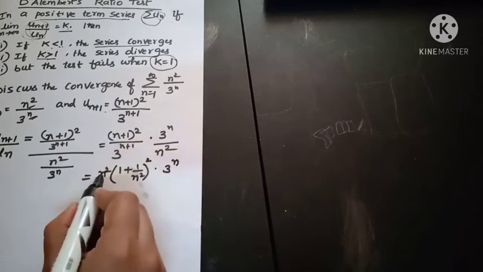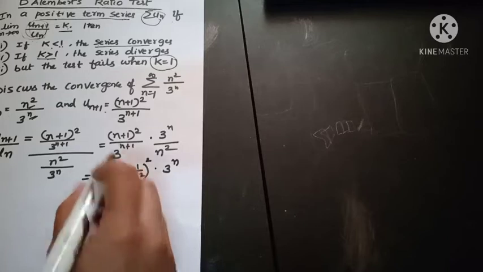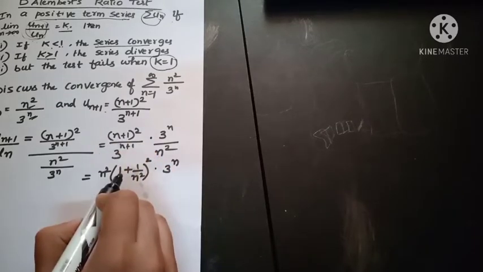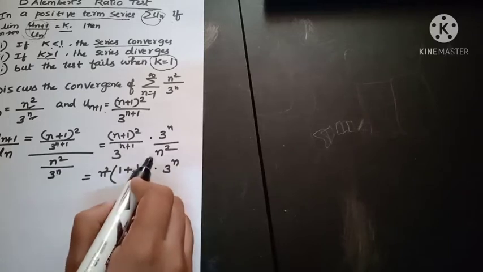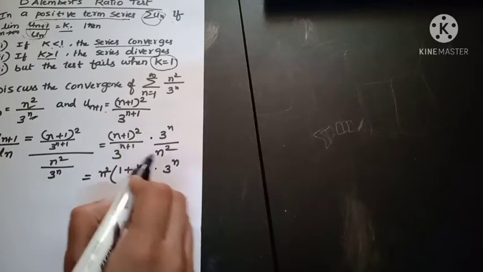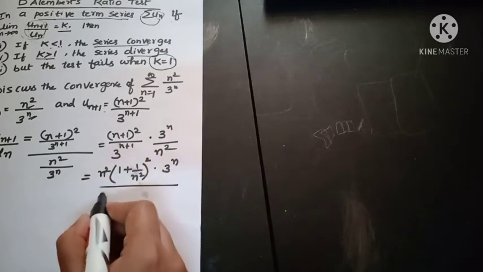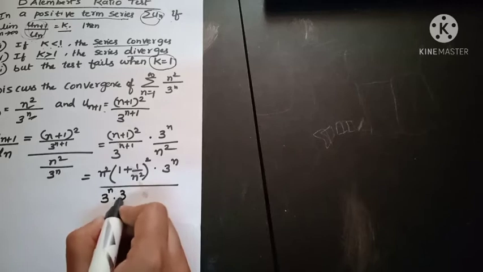I have taken n square outside, so I will be left with 1 plus 1 over n, the power as it is, squared, into 3 to the power of n, divided by 3 to the power of n plus 1 into n square. I will split this and write it as 3 to the power of n into 3.